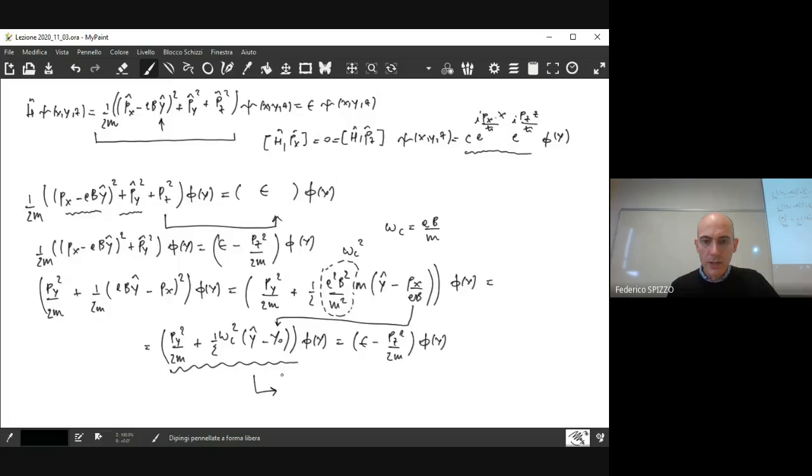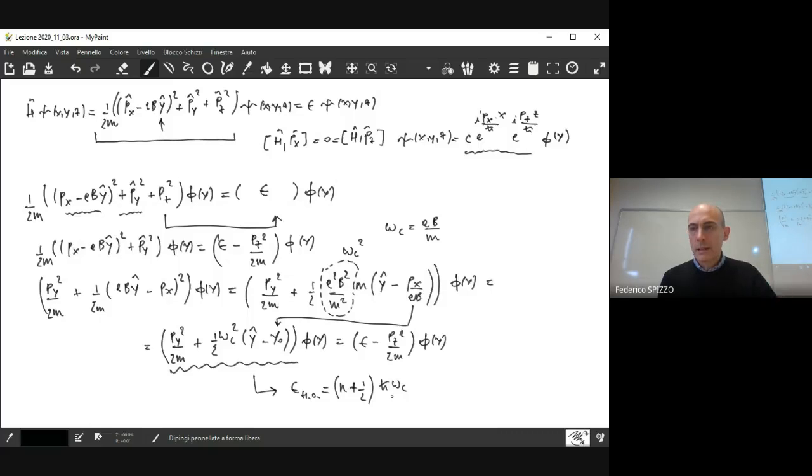So the energy due to just this term here, the energy of the harmonic oscillator, is n plus 1/2 times h bar omega c. So in this case, as a frequency for the harmonic oscillator, we use the cyclotron frequency.